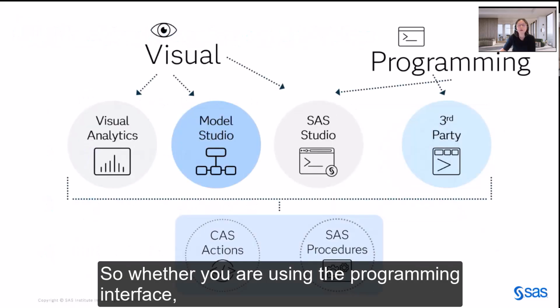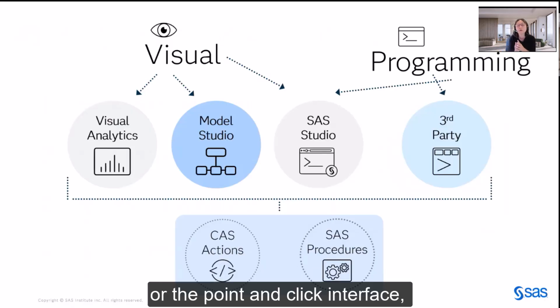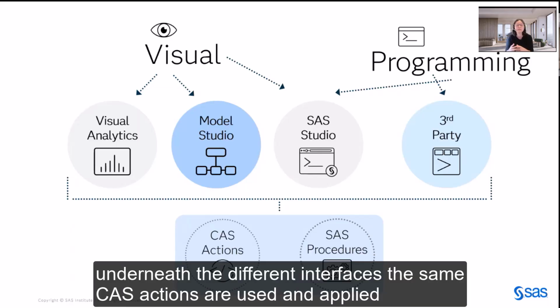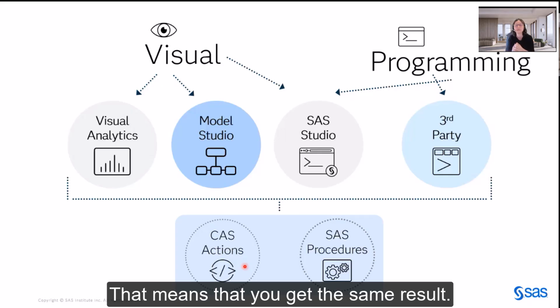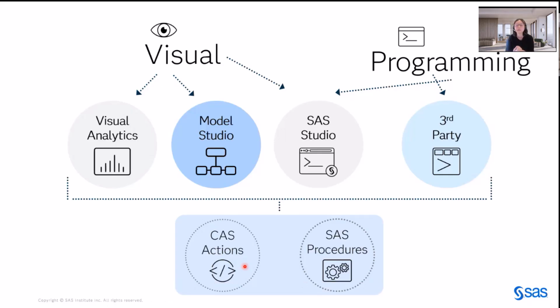Whether you are using the programming interface or the point-and-click interface, underneath the different interfaces, the same CAS actions are used and applied. That means that you get the same result.